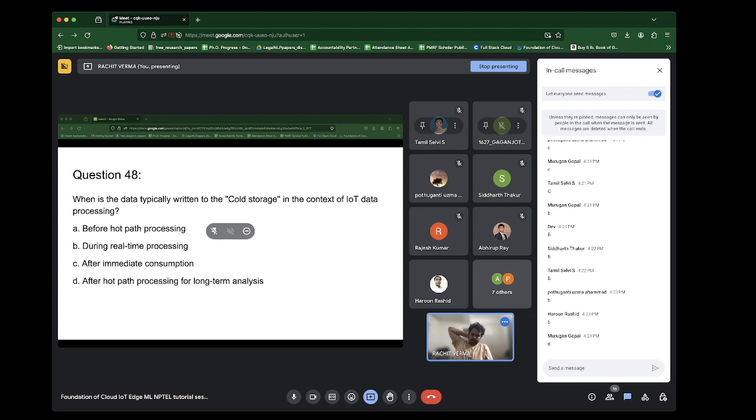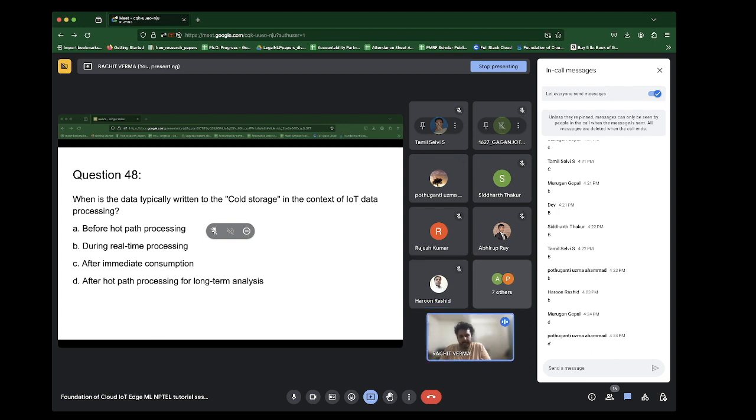Okay, D. Any other options? I'm confusing between D and A, before hot path processing and after hot path processing for long term. Okay. Fine.